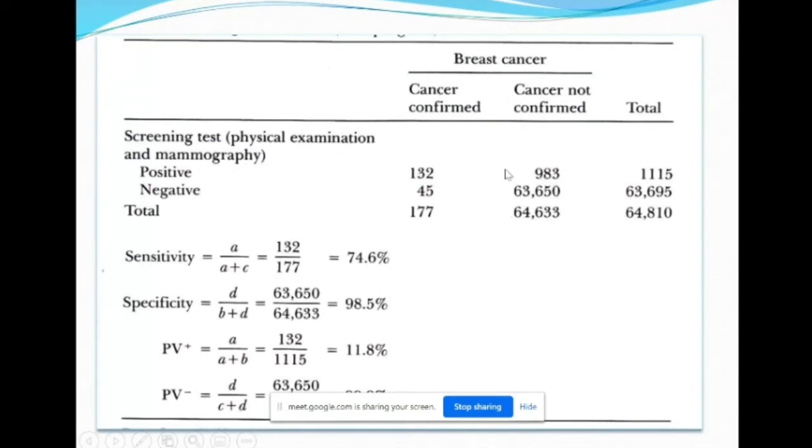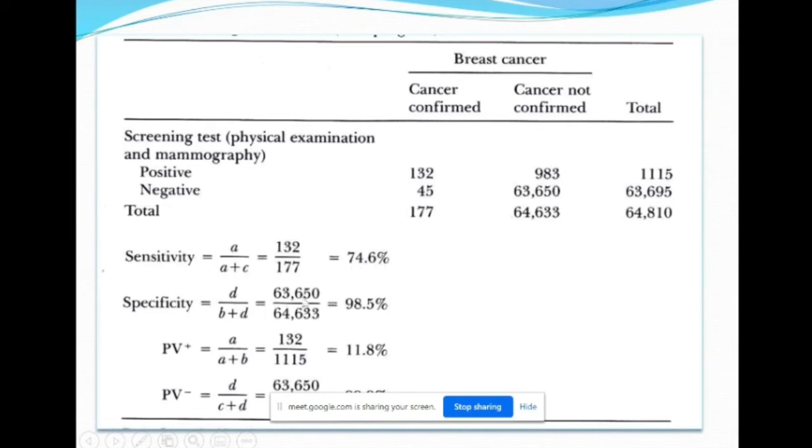As you see, the rows of the table represent results of the screening test, which is physical examination and mammography as screening for breast cancer, and the columns represent the results of breast cancer confirmed by a diagnostic test like biopsy. So the sensitivity here is measured, and it's found to be 74.6%.